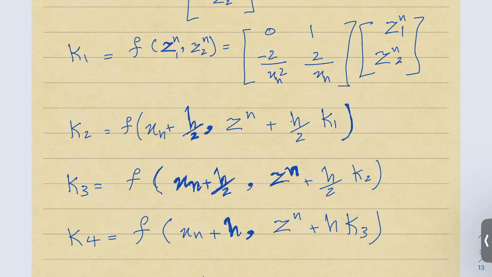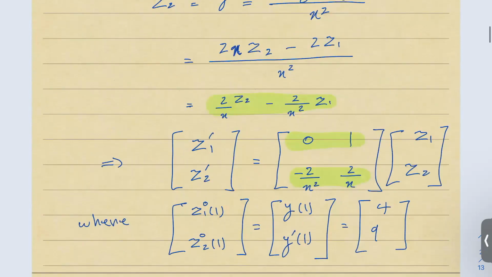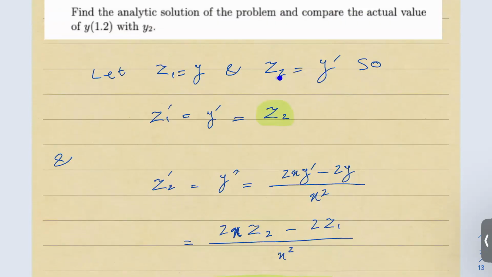Okay. So what we can do now, K3 and K4 is given here. So in your course note, not lecture slide, course note, Runge-Kutta has been explained to you, and the change of variable is y prime equals u.